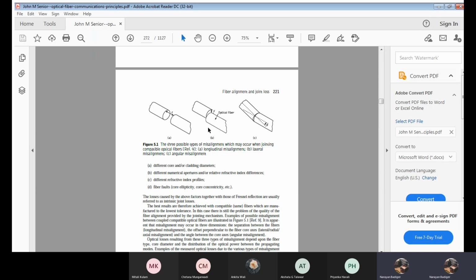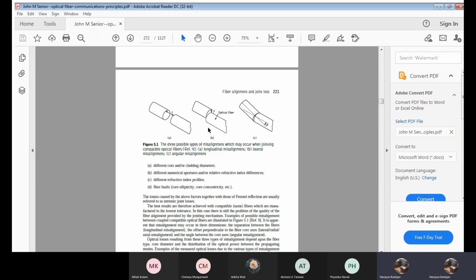For example, fiber 1 and fiber 2 may be fabricated to different specifications. Of course we should try to maintain the same specifications, but practically there may be some deviations in the geometrical as well as optical parameters, due to which we get insertion loss, or optical attenuation loss.